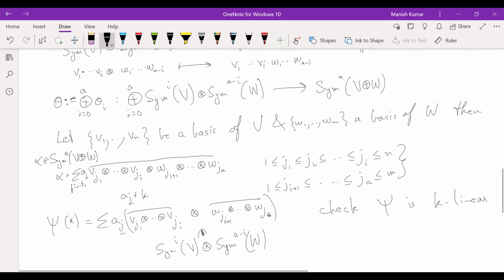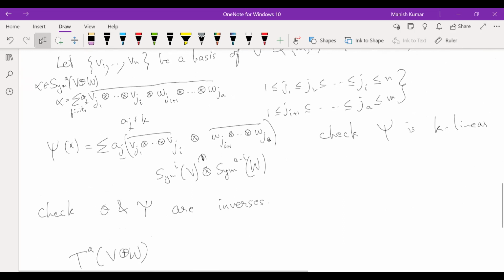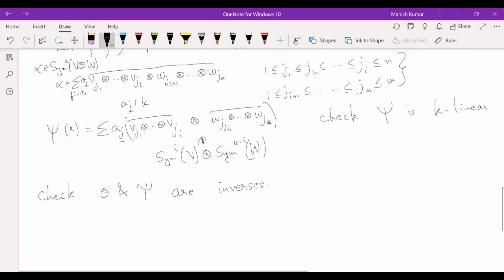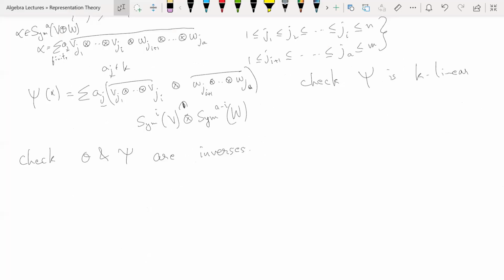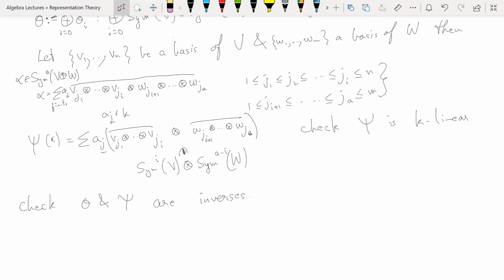I'm trying to give you an argument without using that it is a basis, just by looking at the universal properties, something more canonical.